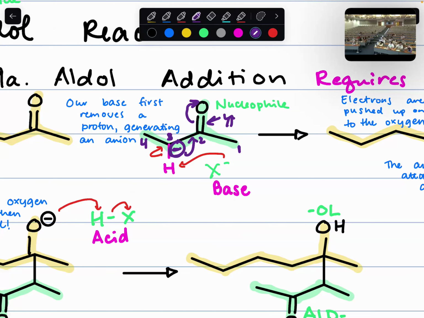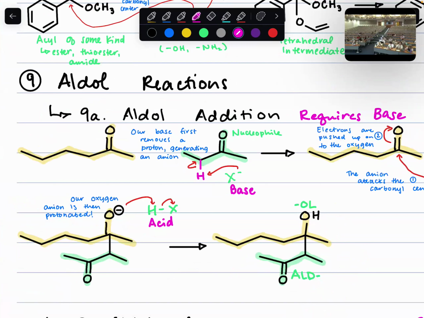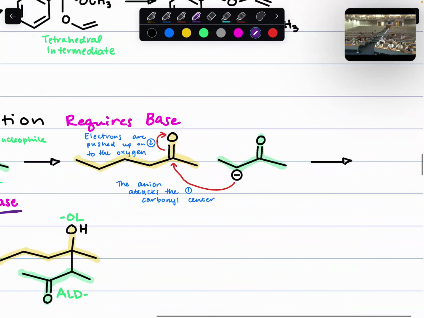So if we put a negative here, we could see that same movement. So we have two ketones here. A base is going to come and deprotonate at the selected site, and we will create an anion.